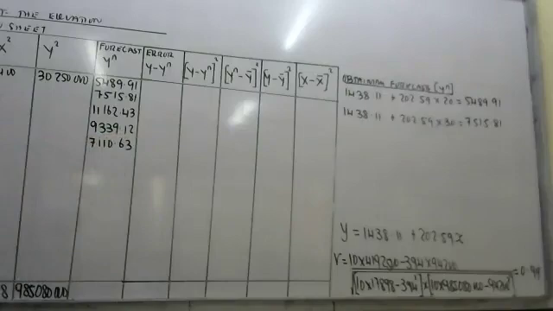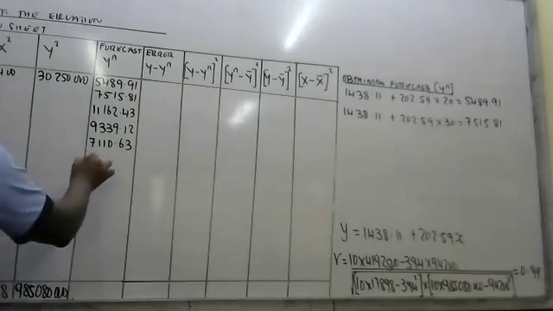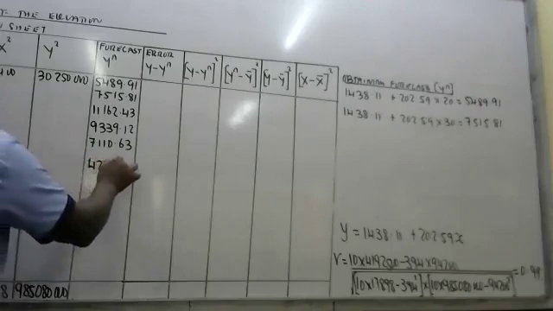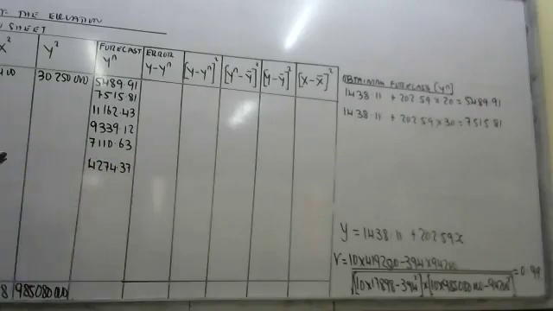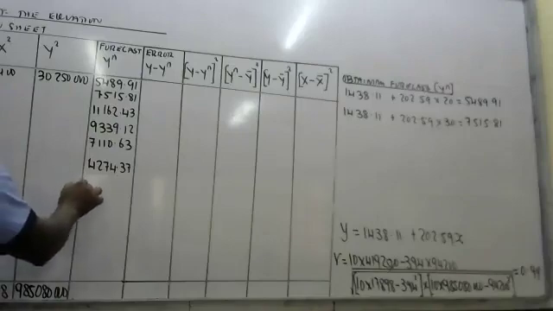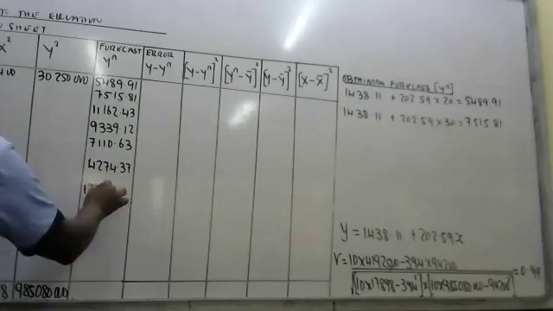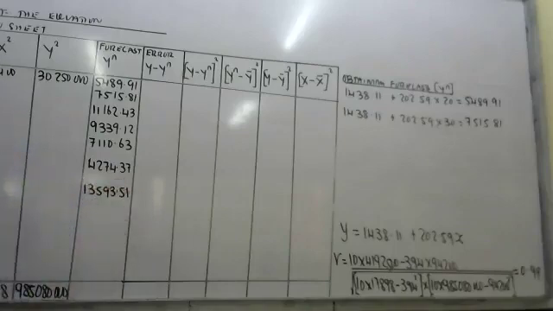1438.11 plus 202.59 times 14. The answer is 4274.37. 1438.11 plus 202.59, sorry, times 60. I'm getting 13,593.51.